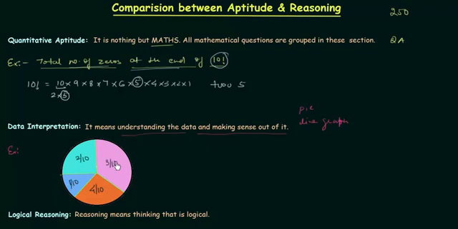Let me write this down. This is for muscles, this is for proteins, enzymes, etc. This is for bones, and this one is for skin.